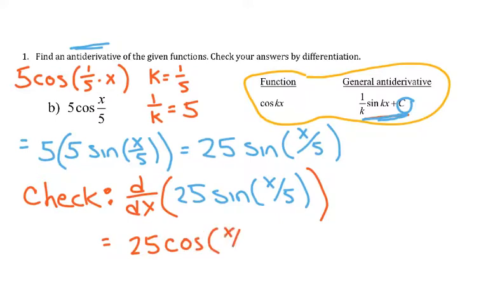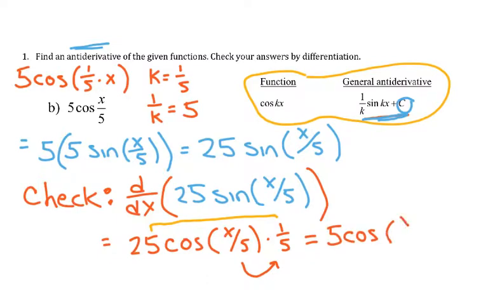Leave the inside function alone. And then don't forget from the chain rule, I need to multiply by 1/5. And if we simplify that, you can see that 25 multiplied by 1/5 will give me what I want: 5 cosine of x over 5.